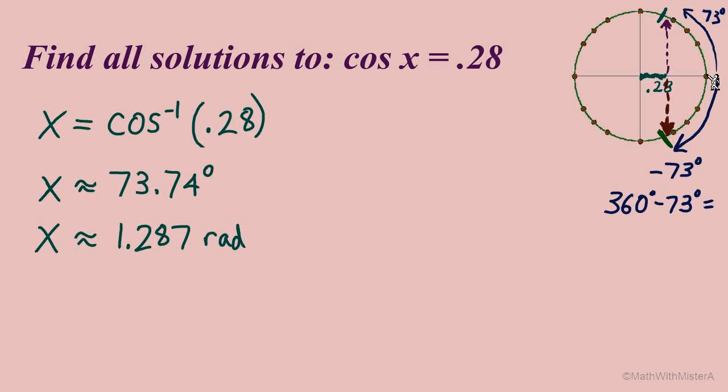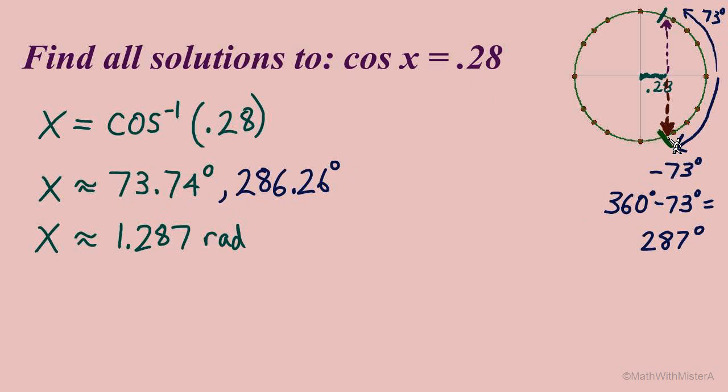And our other point, if we begin at 360 and backtrack by 73 degrees, we'll end up right here at about 287 degrees. So when I subtract from 360 my original value, 73.74 degrees, I get my other answer of what angle gives us a cosine value of 0.28. The other one is 286.26 degrees, and that is this point down here in quadrant 4.